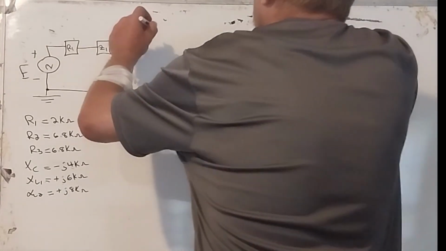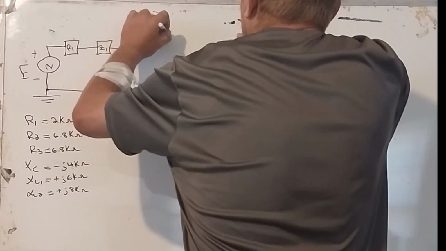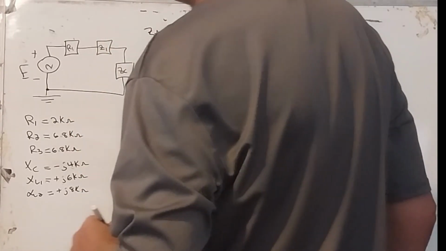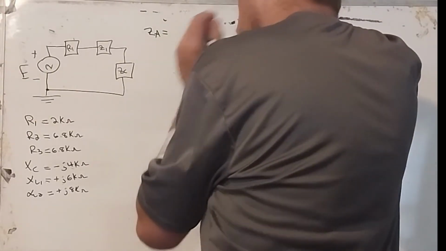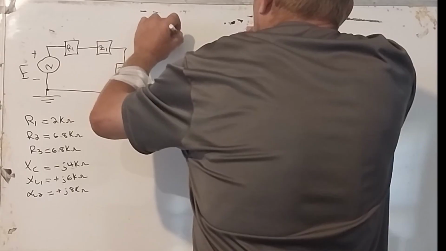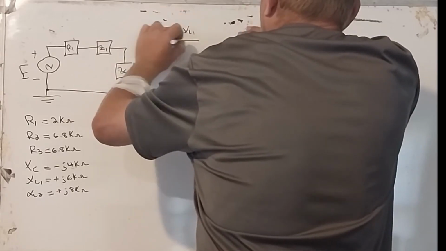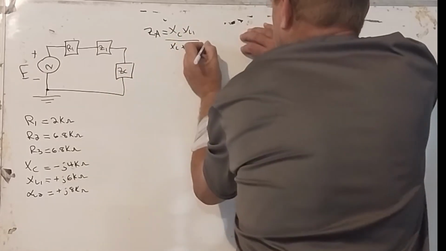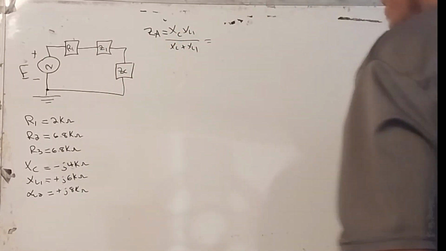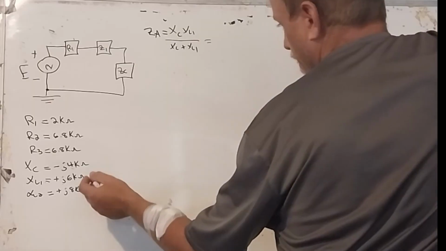Our Z sub A was said to be X of C in parallel with X of L1. X of C times X of L1 divided by X of C plus X of L1. Well, let's do polar form here.